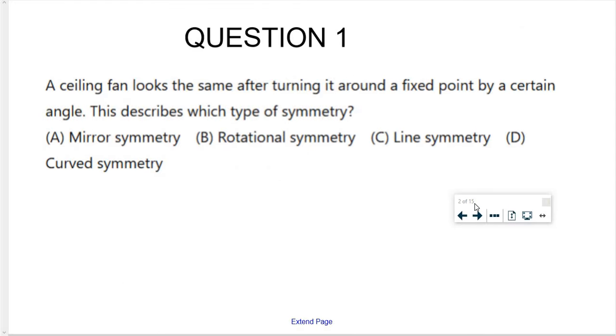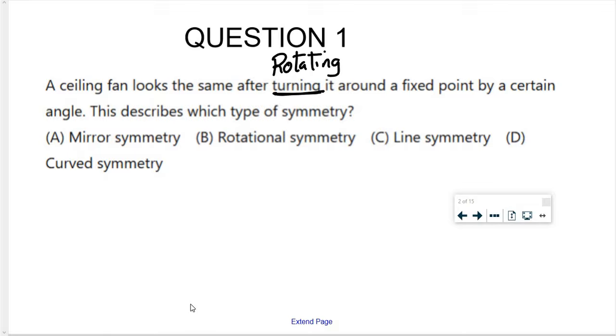Question 1. A ceiling fan looks the same after turning it around a fixed point by a certain angle. This describes which type of symmetry? A ceiling fan looks the same after turning. So turning, in other words, is known as rotating.